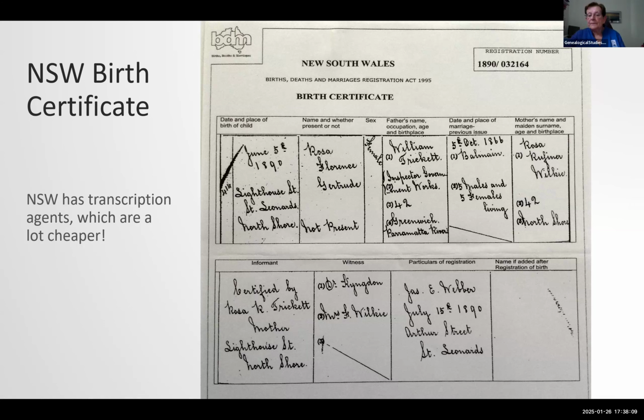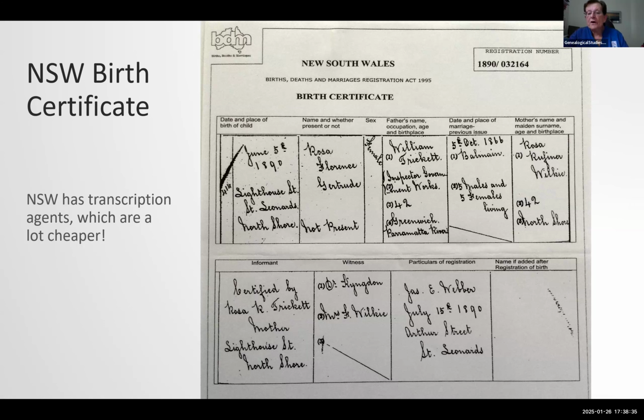We also get the date and place of where he married. So William Trickett married on the 5th of October 1866 in Balmain, which is part of Sydney. And we also have previous issue. What's previous issue? That's the children born to William and Rosa Trickett.